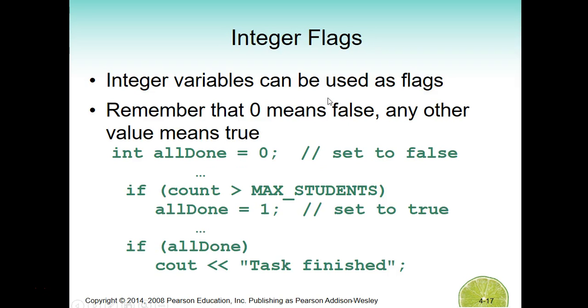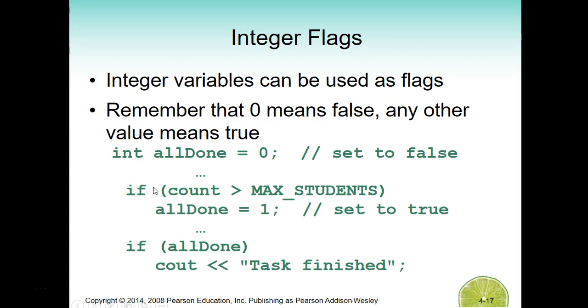Integers can be used as flags as well. Remember that a 0 means false, any other value means true. So I can take an integer and assign it 0, which is basically saying it's false. And then if count is greater than maximum students, I'm going to say all done is 1.